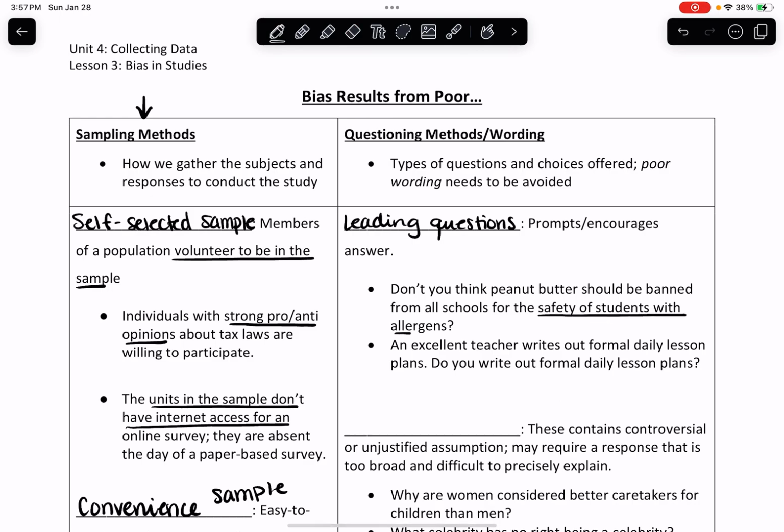Adding this end part, for the safety of students with allergens, if somebody says no, then it makes them sound like they don't care about the safety of students. Or if you ask, an excellent teacher writes out formal daily lesson plans, do you write out formal daily lesson plans? Well, you're automatically implying that if the teacher says no, then they're not an excellent teacher. So leading questions are encouraging an answer that the person asking it wants to hear.